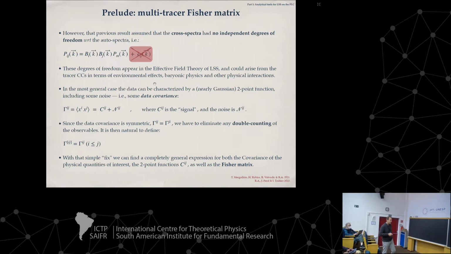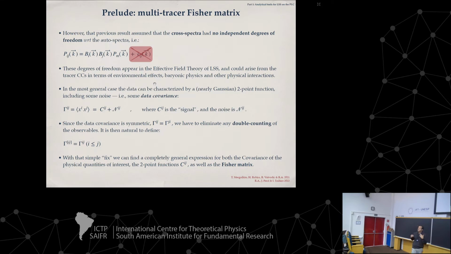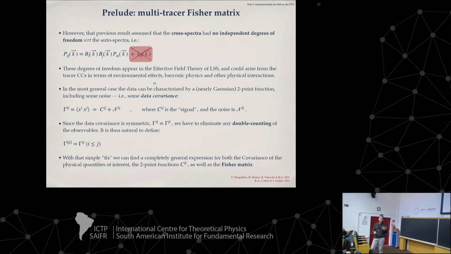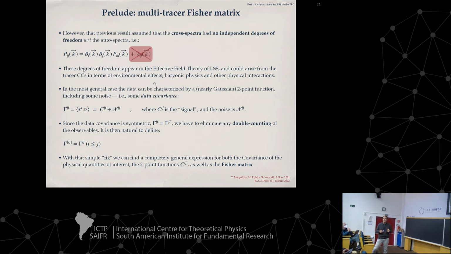Okay, the only problem with the previous formula that I showed you is that usually when we think about two-point functions, at least in cosmology, we think that when you cross-correlate two different tracers, you just use some formula which is basically like this.